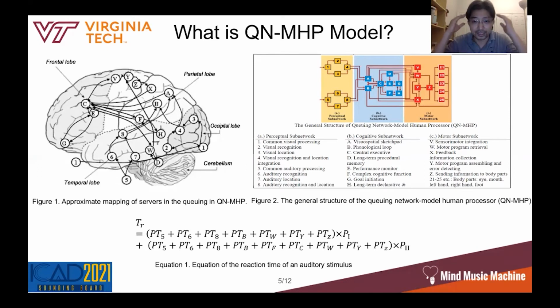So thinking and identifying more in depth. Then that stimulus has to go through longer route, which is route 2. So how do we get this response time? All the subnetwork and server processes, so sum the time and multiply by the probability of each route.